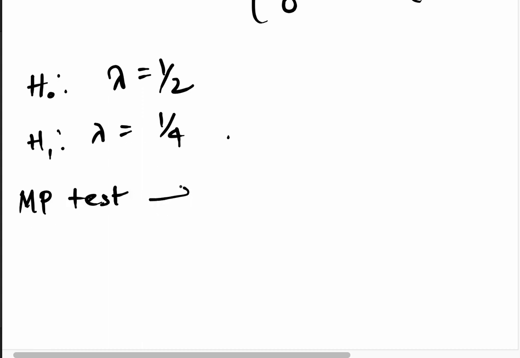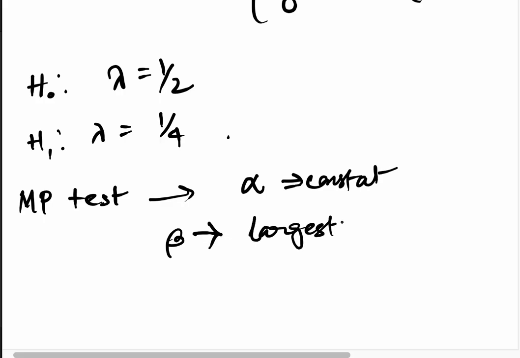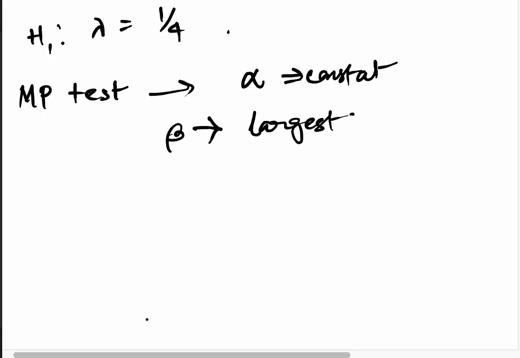Most powerful means, while keeping alpha constant, that means keeping the type 1 error constant, we have to find the test for which beta is largest, and if there exists such a test, that is called the most powerful test. So from the Neyman-Pearson lemma, we can calculate it.